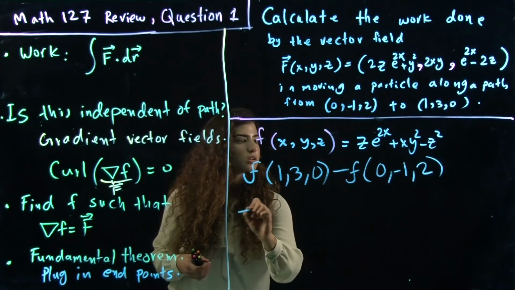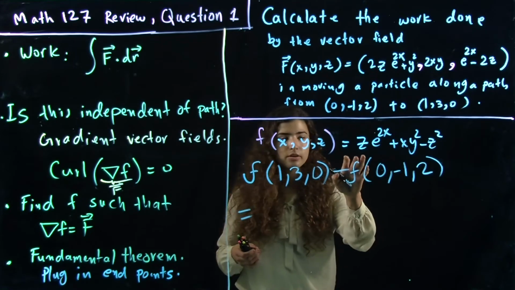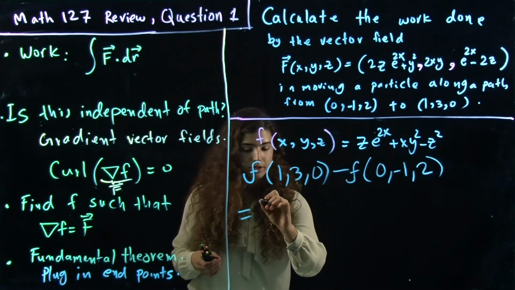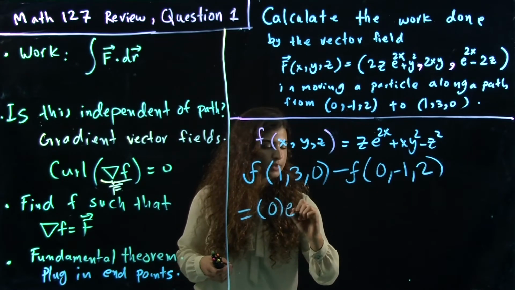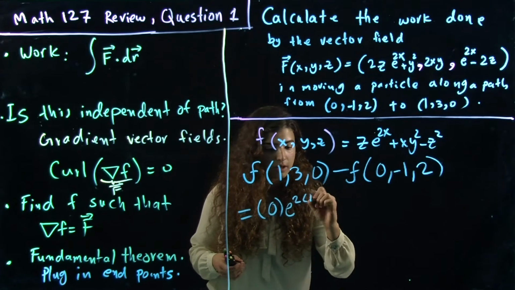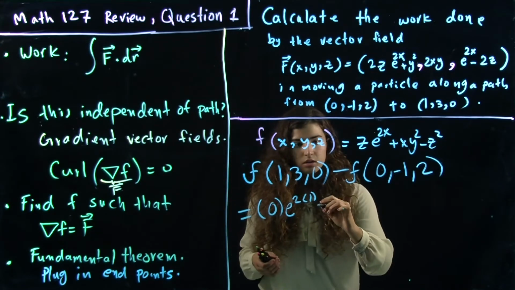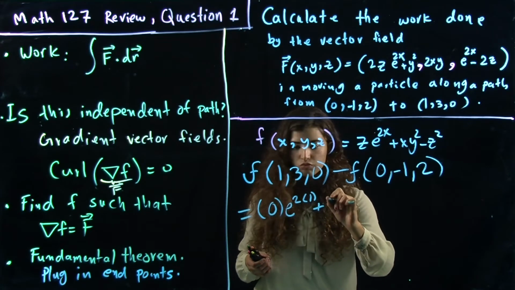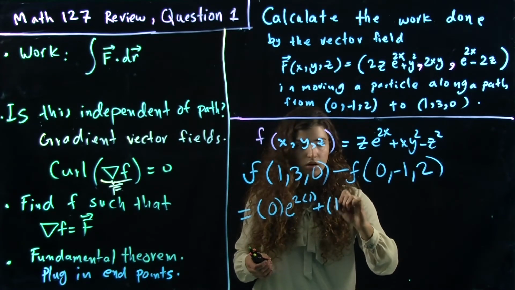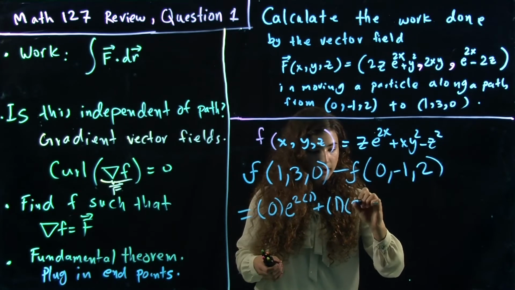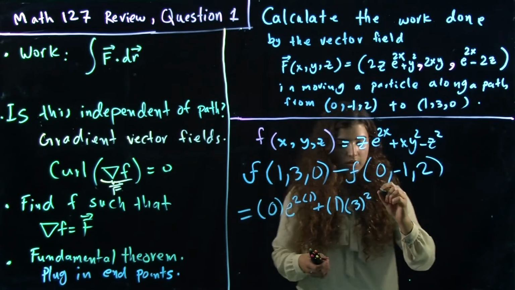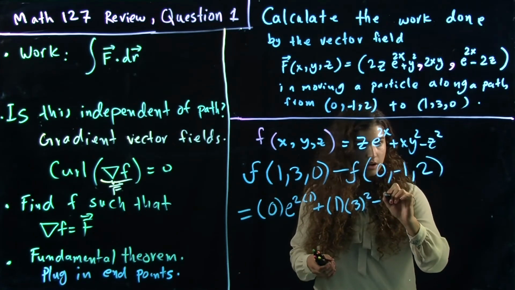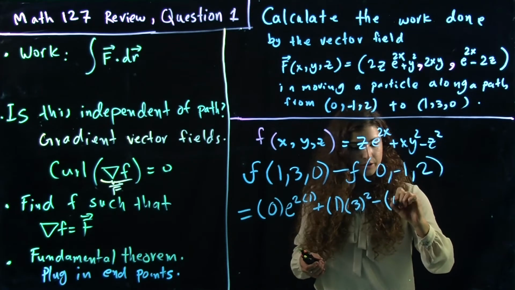And this is just plugging everything in. So we have our z, which is 0, e to the 2x, which is 1, plus x, which is 1, and our y, which is 3 squared, minus our z squared, which is 0.